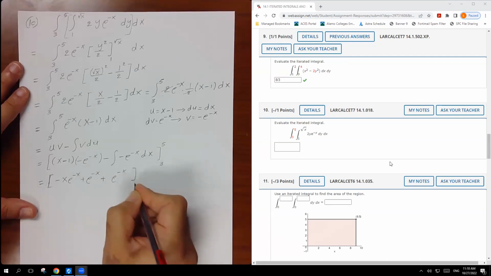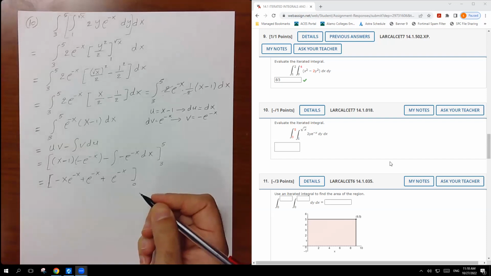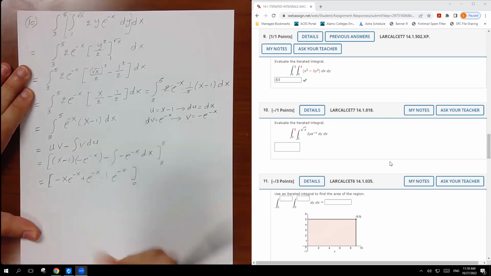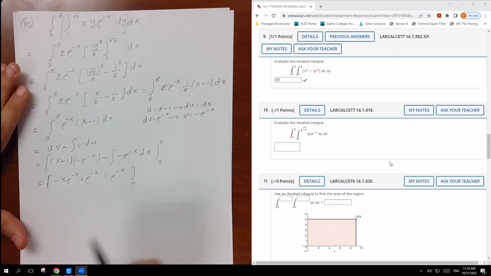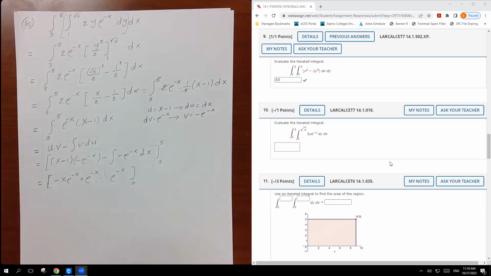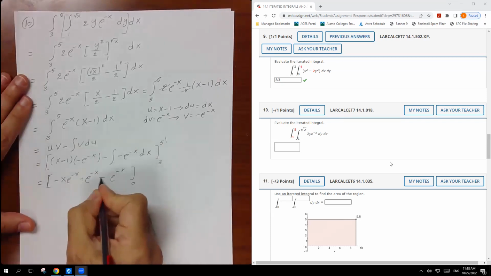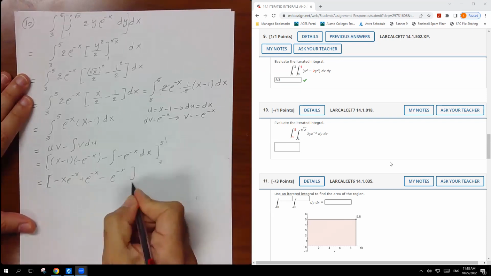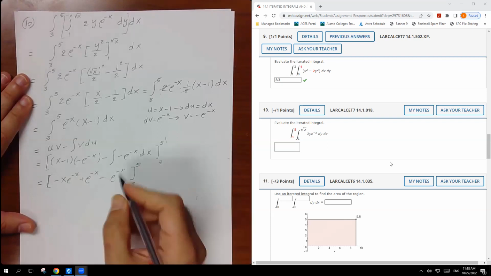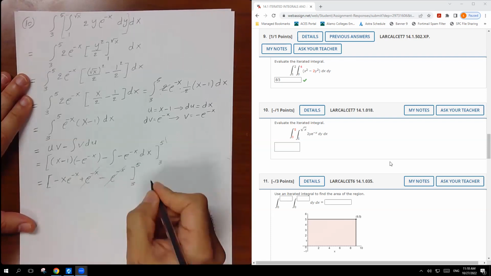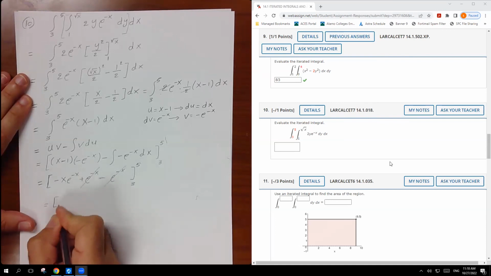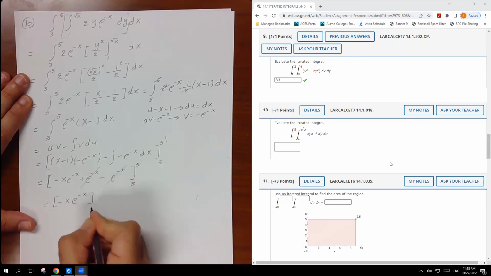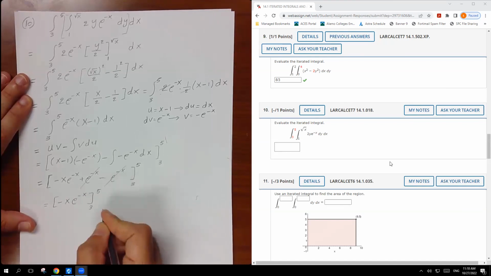And here is the border, from 3 to 5. Cancel this one with this one. That means the integral is going to be just this function from 3 to 5.